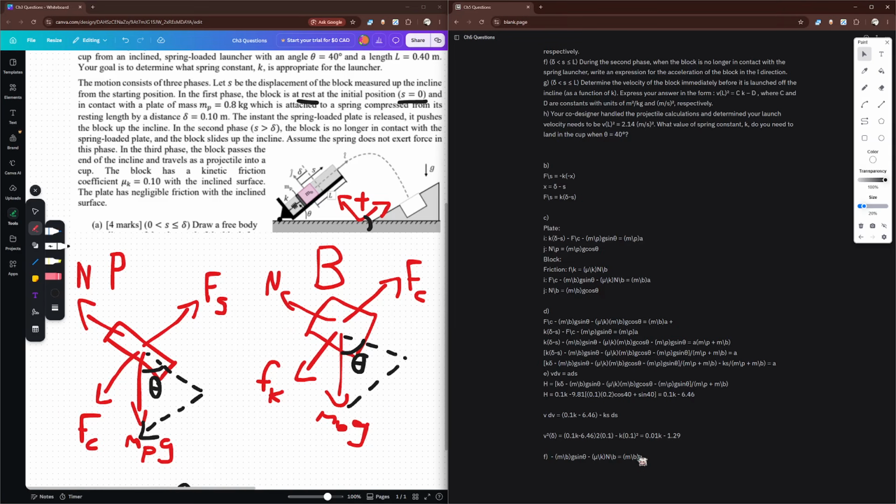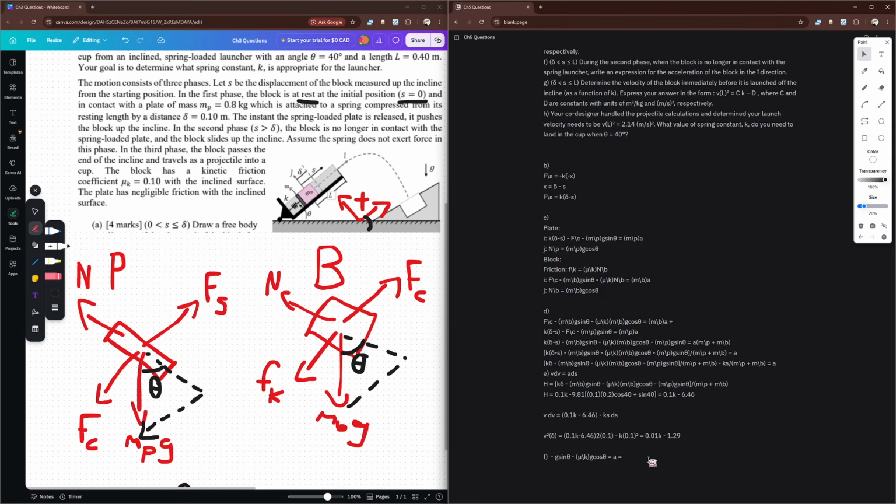We can cancel out mass of the block because that's in every term. Also, I need to bring the NB, which was this minus the mass. So just this, and cancel out this MB. Okay, we can pull out a G if we wanted.